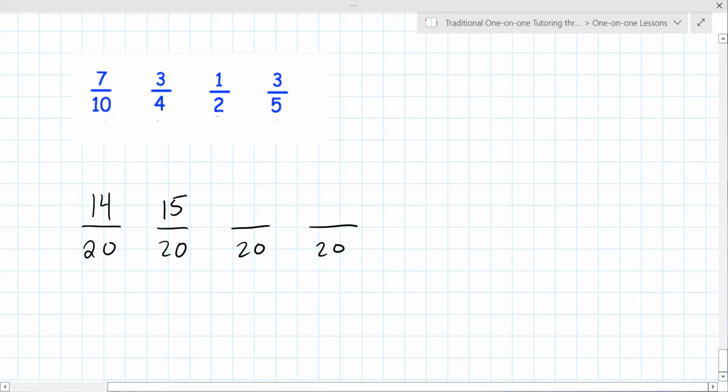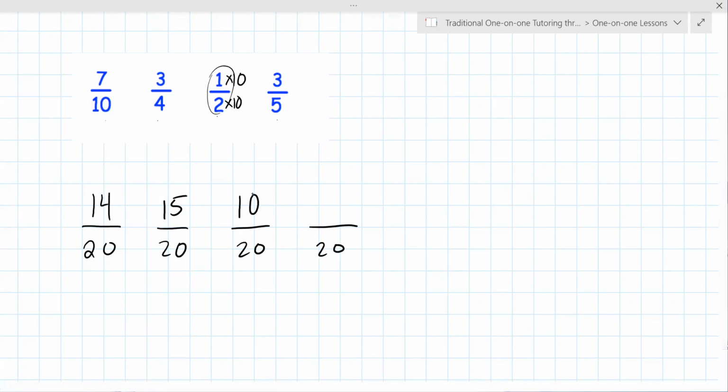Good. And then 7 over 20. You're talking about the third one here? You're multiplying both of them by 10. Oh, never mind. I was looking at the 7 instead of the 10. And then how about the last one?